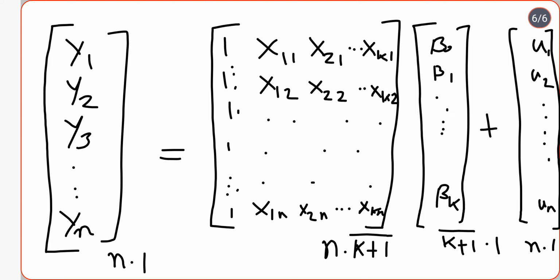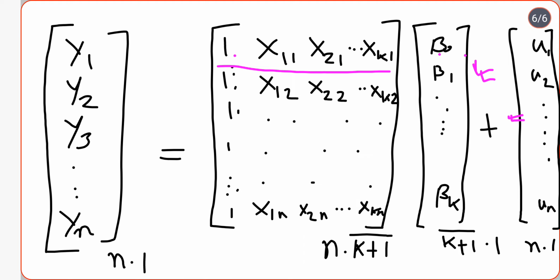Now if I multiply the first row of the matrix of independent variables with the column of parameters, and then add it with the errors, what will I obtain? At first this 1 will be multiplied with beta 0.